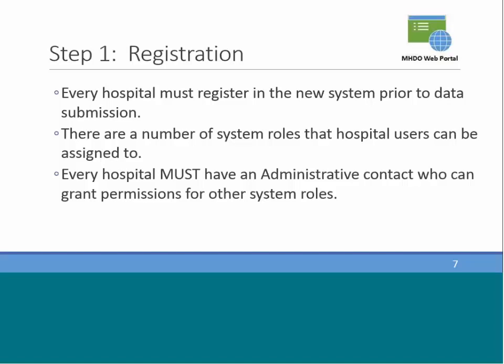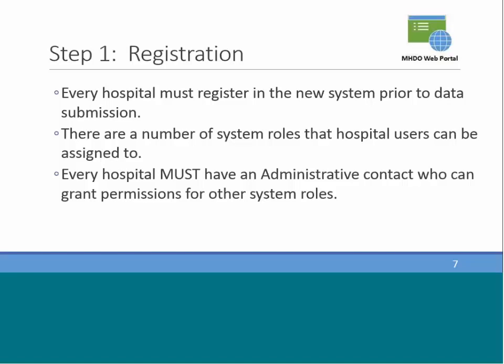MHDO will ask each hospital to register beginning next spring, and I'll go through the dates and the timeline. This will give you access to the new hospital data submission system. First, each hospital must identify an administrative contact who will be responsible for making sure everyone else in their company is identified and registered in the system.